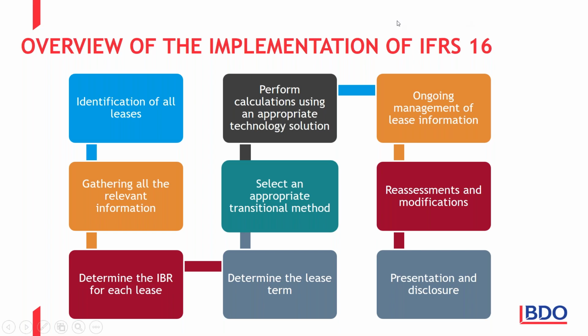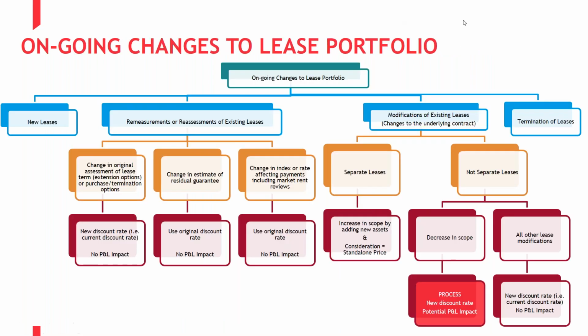Right. If we now move on to what we'll be covering today, we look at the ongoing changes to your lease portfolio. And these ongoing changes, I've put in 4 different categories.